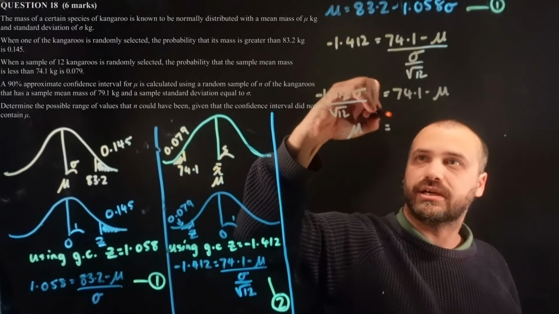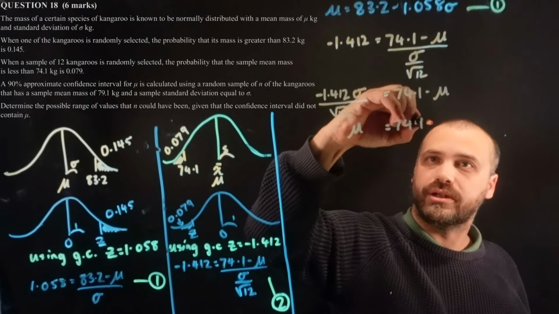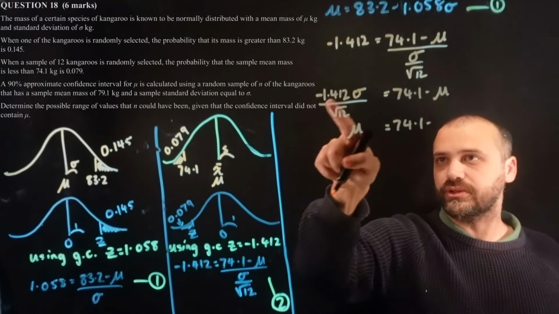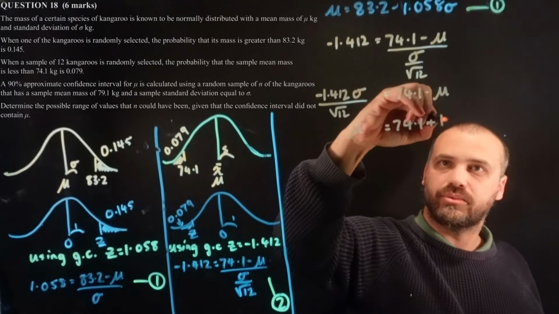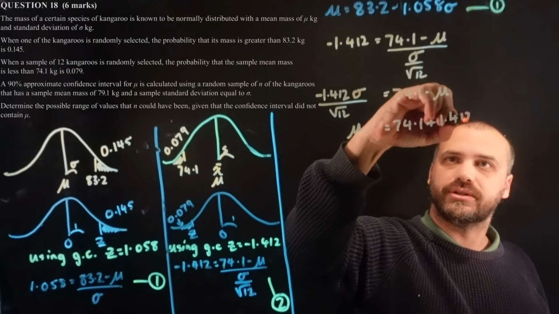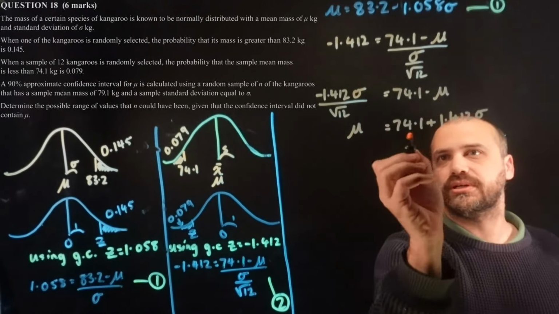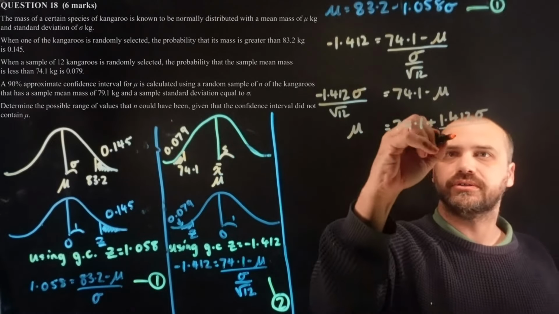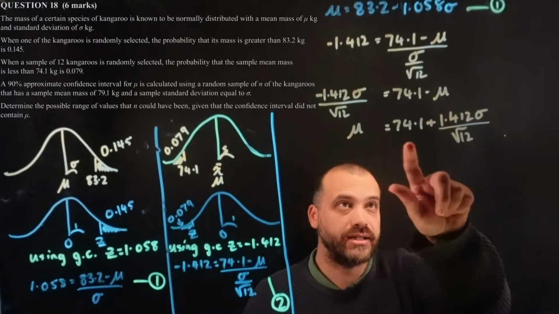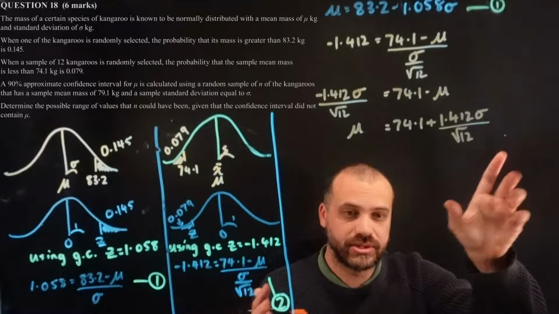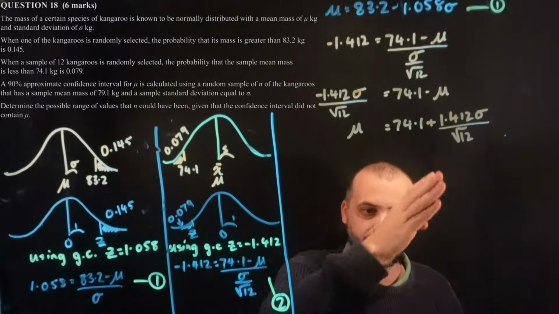I get 74.1 minus all of this, but it's already negative, so it's minus a minus. So I get plus 1.412 sigma over root 12. Okay, that is my equation 2, and that one's nice as well because it's mu equals something.